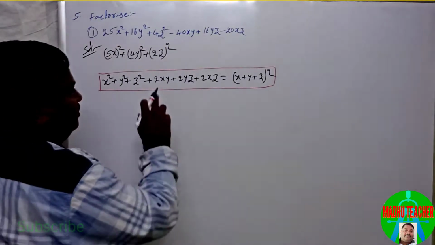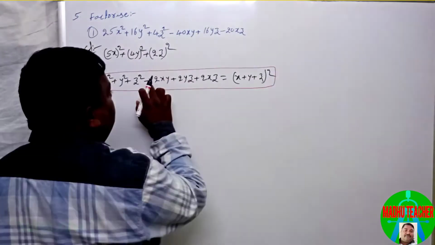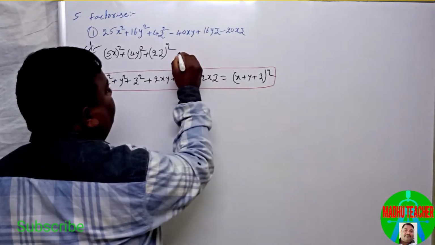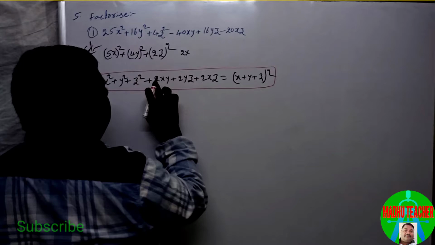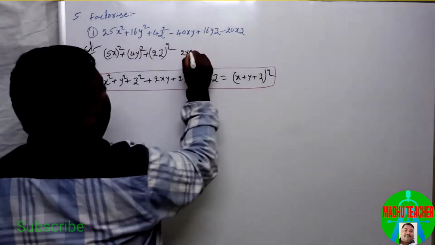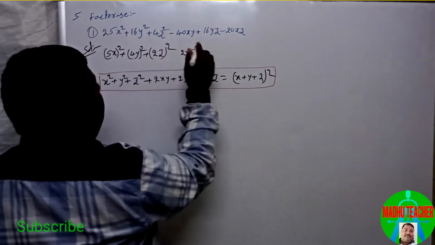Now here we should have plus 2xy. So just write 2 into, first one is x, y, z, 2 into x, so that is 5x into y, 4y.